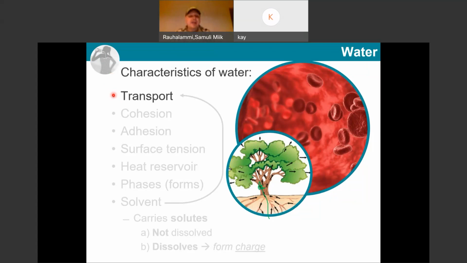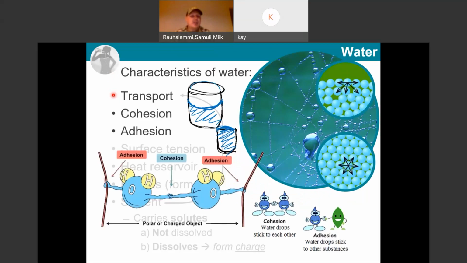The next two I've included as a bundle. You might remember the terms cohesion and adhesion. If you remember, you're good, you're set to go. If you have forgotten that, don't worry, we're going to revisit that. So cohesion referred to the concept that water molecules tend to stick to each other, tend to be attracted to form bonds.